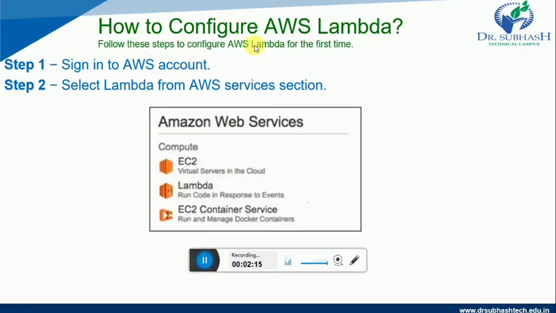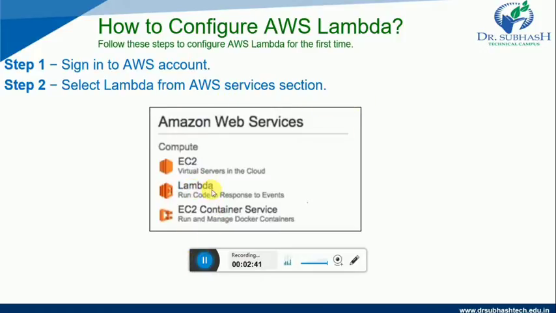Now let us understand how to configure AWS Lambda. For this, we need to use the following steps. Step 1 is sign in to your AWS account. Step 2 is select Lambda from the AWS service section.